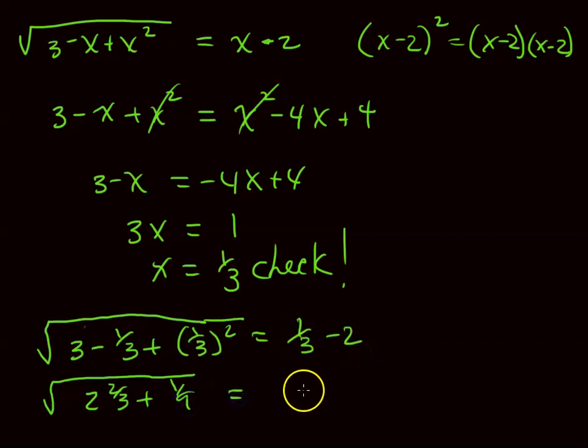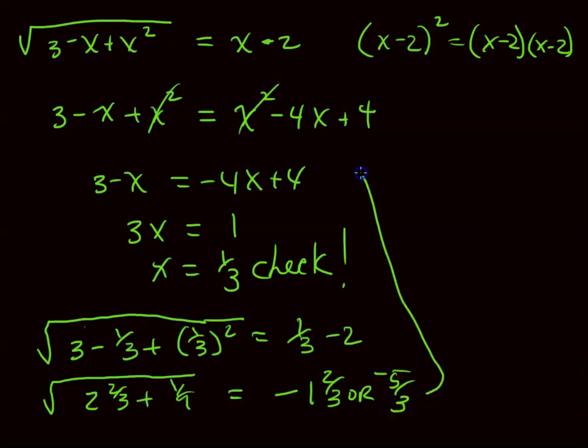And 1/3 minus 2 is negative 1 2/3, or negative 5/3. So these have got to be ninths now. This is 8/3, which in ninths is 24/9, plus 1/9. That's underneath the radical.